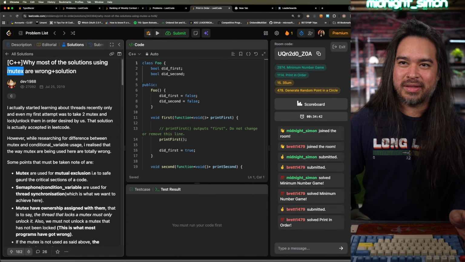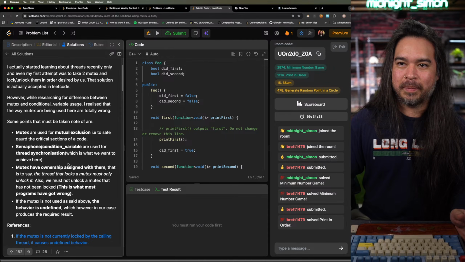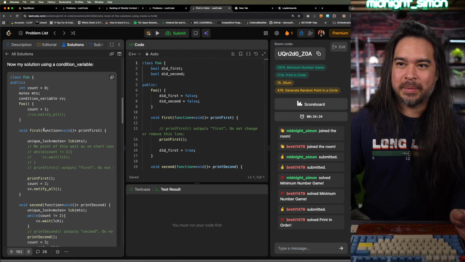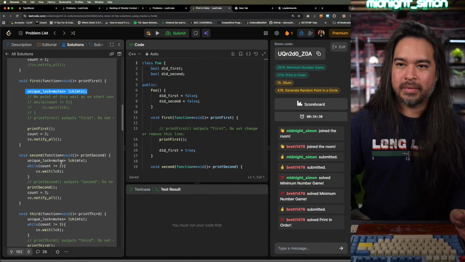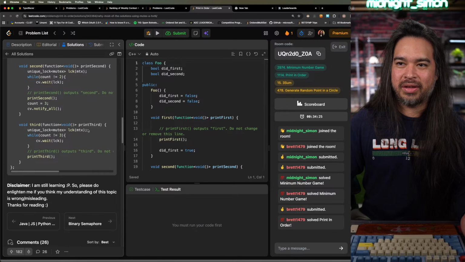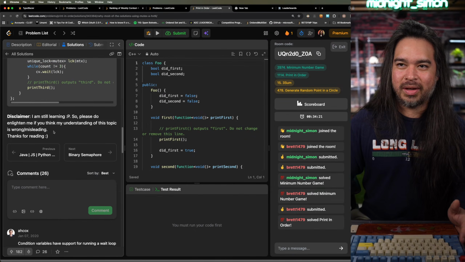Yeah, that's what I think. Use a mutex, right? This guy know what he's talking about? I don't know. But this is what I think you do. You use a mutex on the thing, but I don't use that stuff regularly.